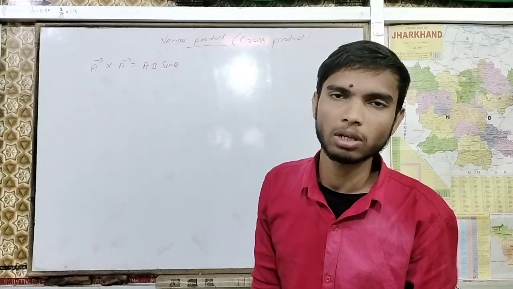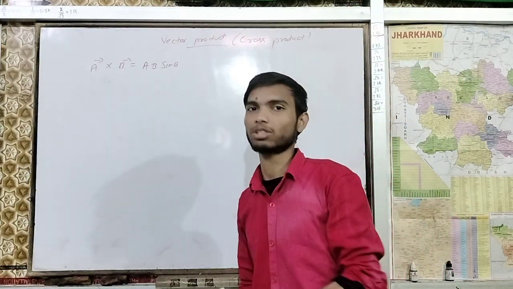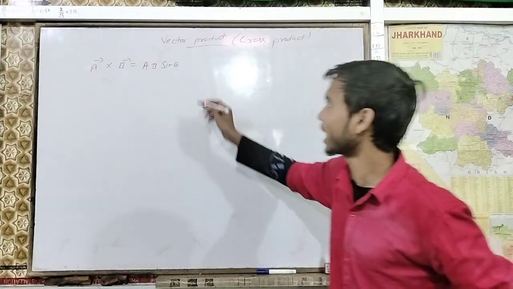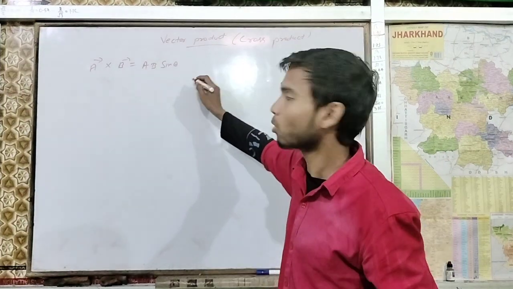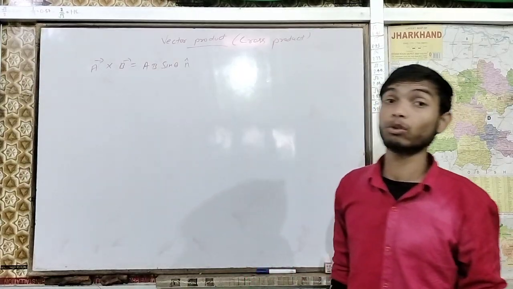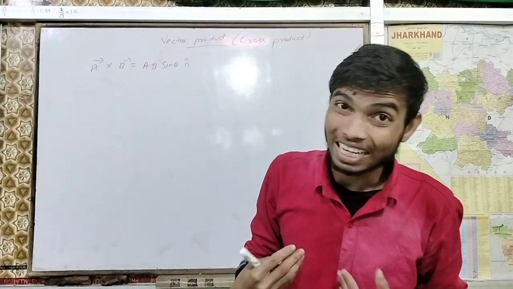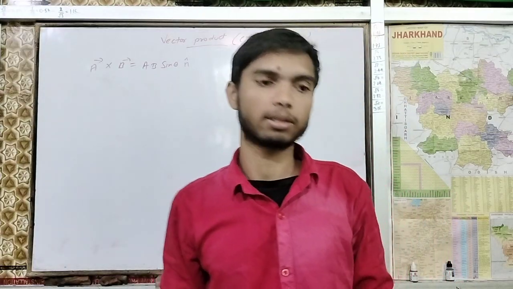Of course, this is wrong. To get direction, to get vector, we will have to use one more thing, which is n cap. N cap will give you direction. We used this so that we can get direction at the end.